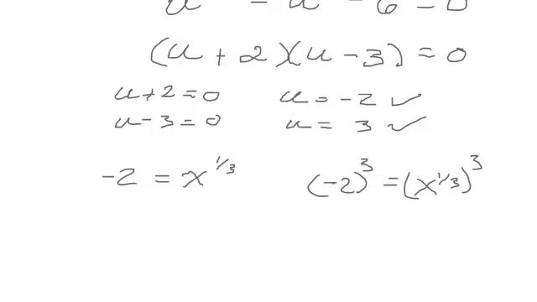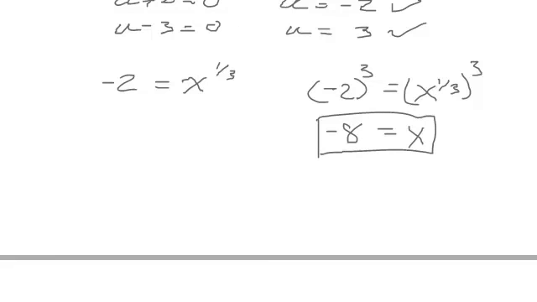Okay, so this just becomes negative 8, and 1/3 times 3 is 1, so therefore x is equal to negative 8. And then we'll have to do that for the 3.